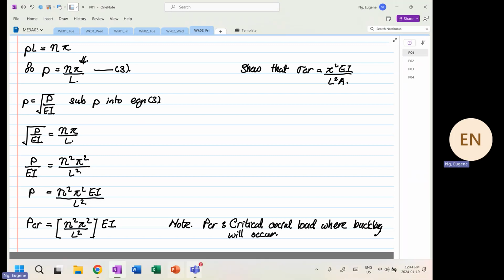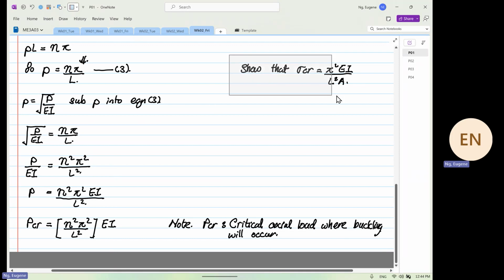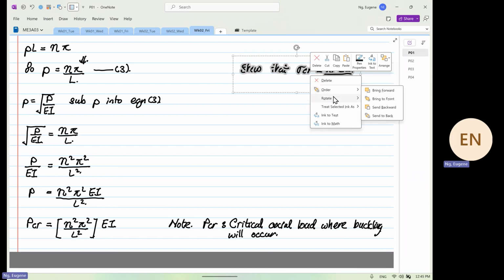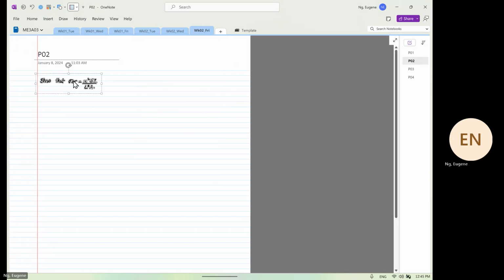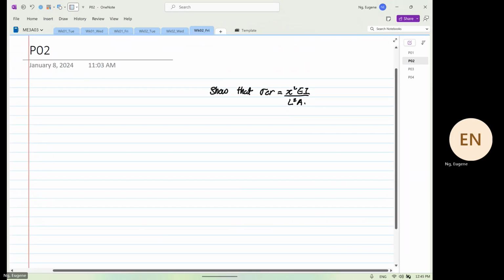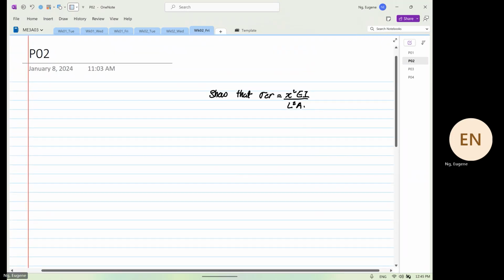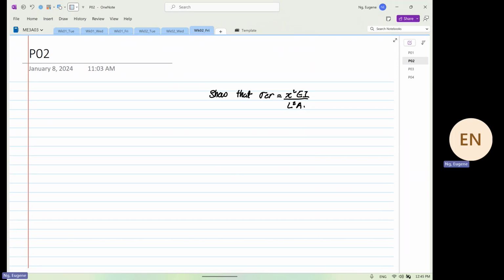So the next thing we're going to do, I'm going to copy this equation across. From here, we know that critical stress will be equal to critical load divided by cross-sectional area.